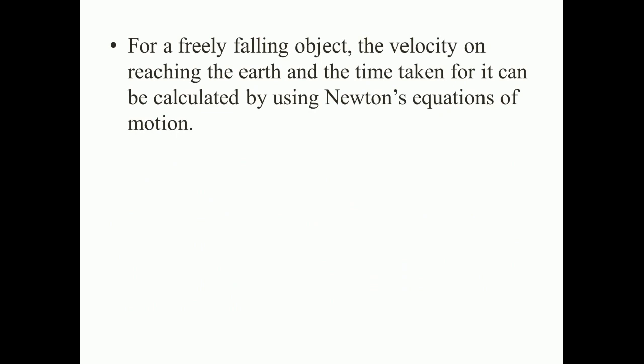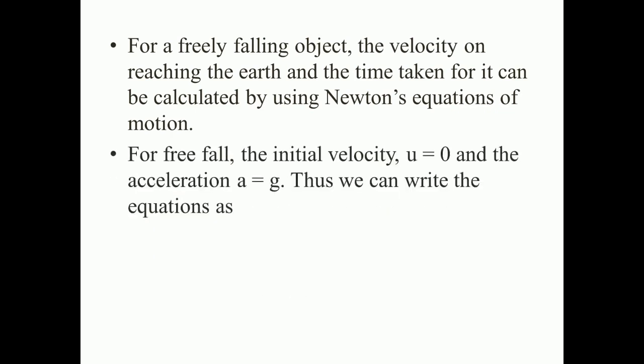We know Newton's three equations of motion: v = u + at, s = ut + half at squared, and v squared = u squared + 2as. But here v will exist and u will become 0, and the acceleration a will become g.